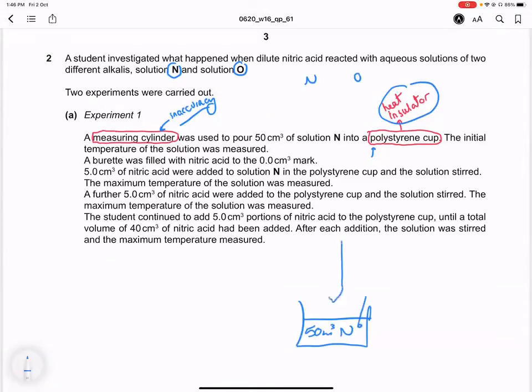He filled a burette to the 0.0 mark with nitric acid, and then he started adding 5 centimeter cube of nitric acid and measuring the temperature until he reached the maximum temperature. And after that he kept adding every 5 centimeter cube until he reached a total of 40 centimeter cube.